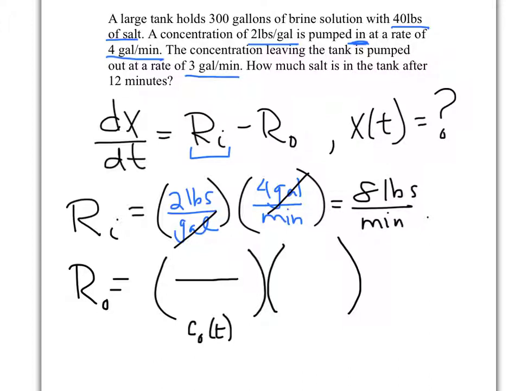So my numerator, if you're looking at the formula in the book, is x of t, or I'm just going to write it as x. And the denominator is going to be the volume, V of t. And what's the volume? We know it's going to involve 300, but it's not just 300.